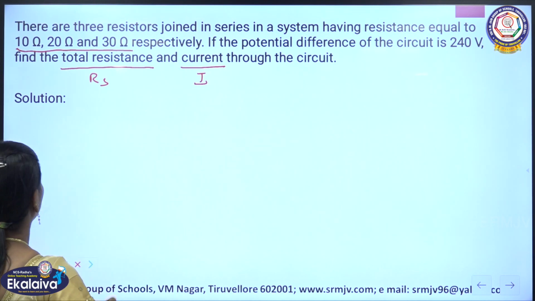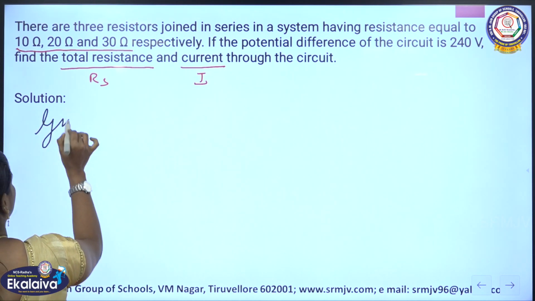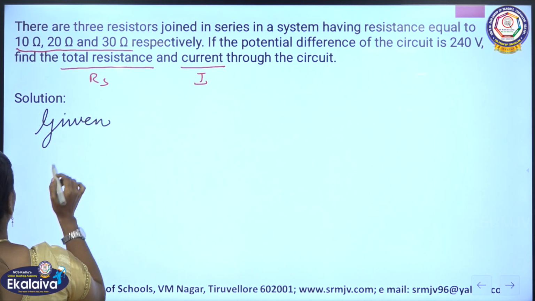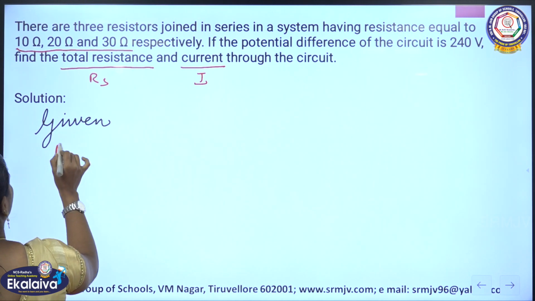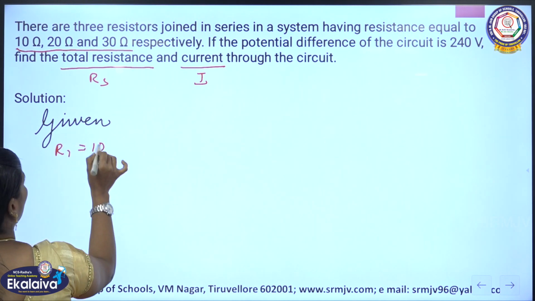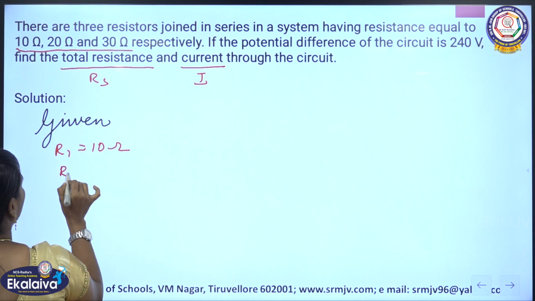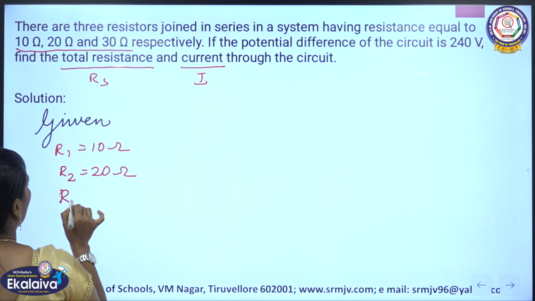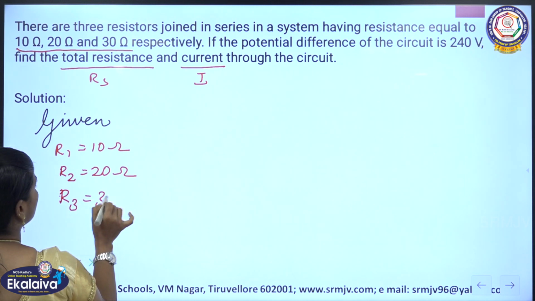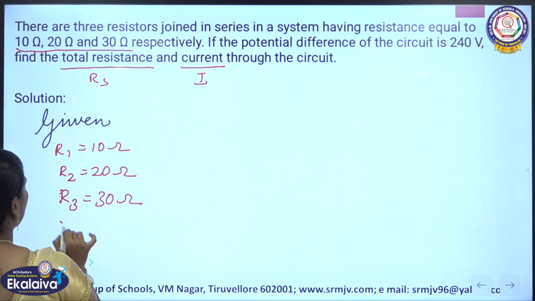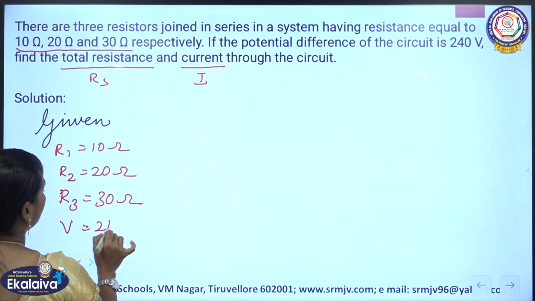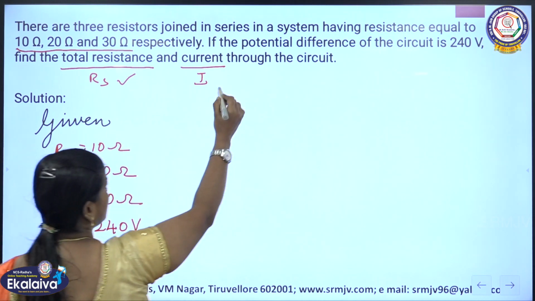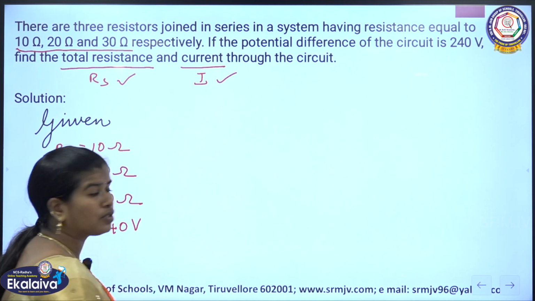What is given? R1 is equal to 10 ohm, R2 is equal to 20 ohm, and R3 is equal to 30 ohm, and voltage is given as 240 volt. We need to find out the total resistance and as well as the current.